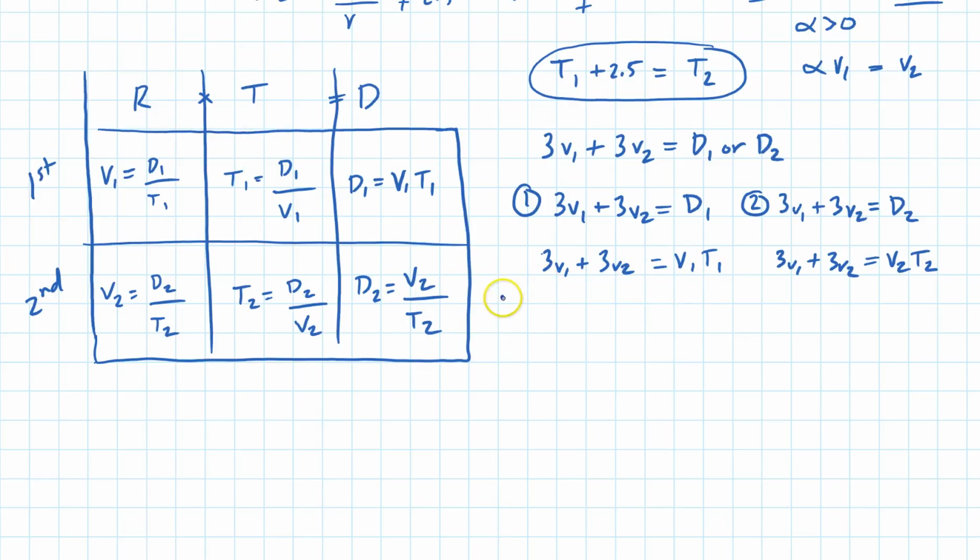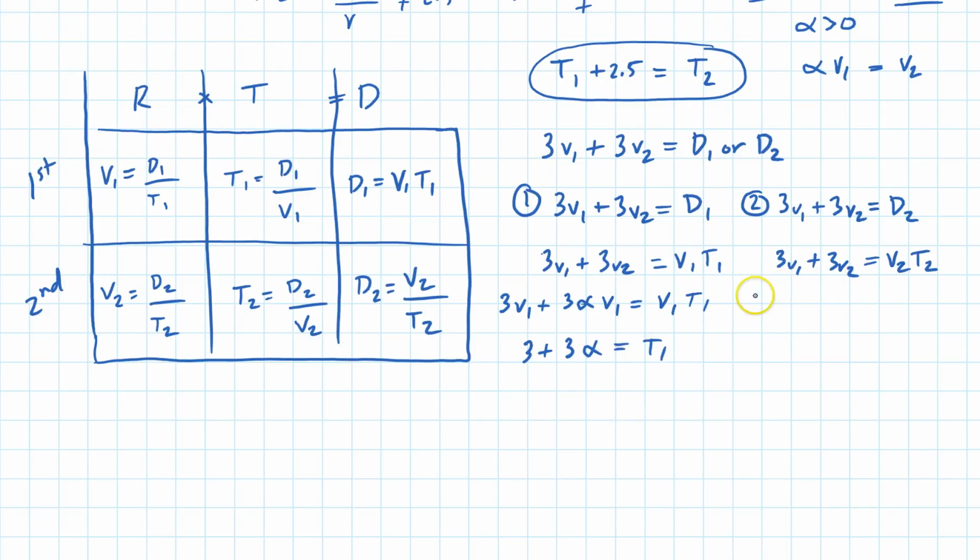So this equation is going to become 3 times v1 plus 3 alpha v1 equals v1 times t1. And then I get rid of the v1, so I have 3 plus 3 alpha equals t1.